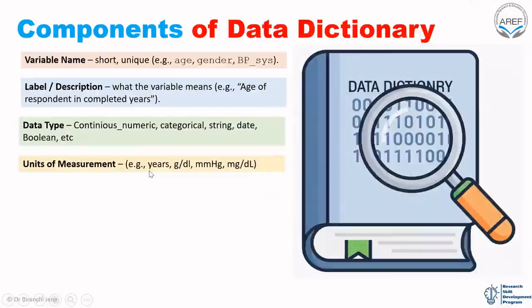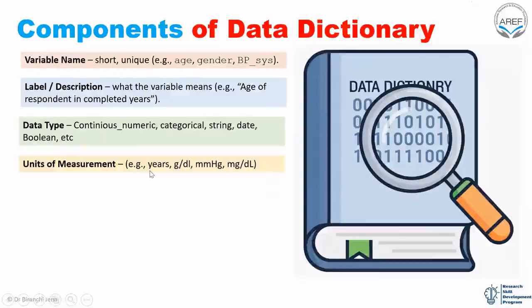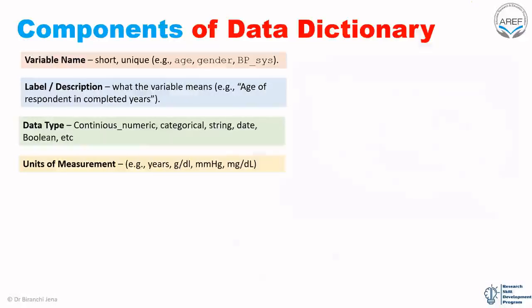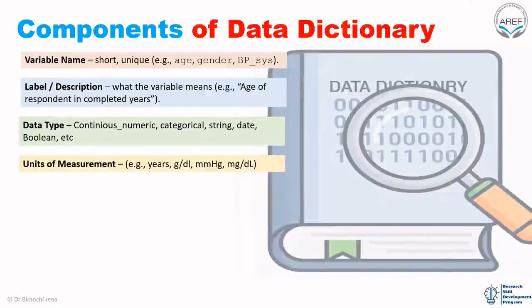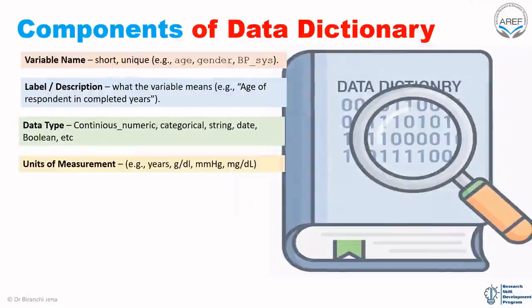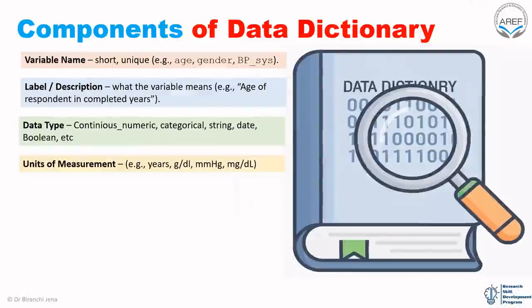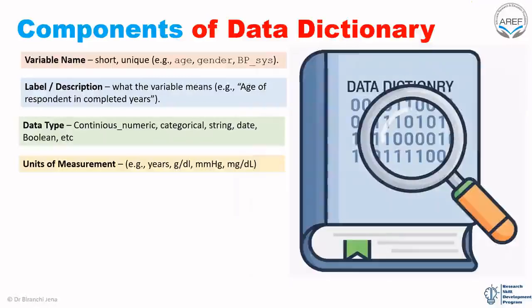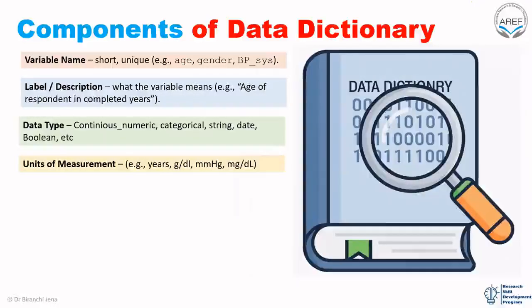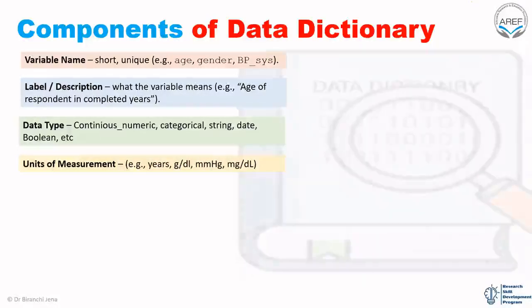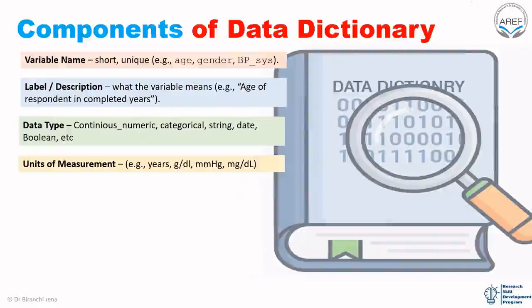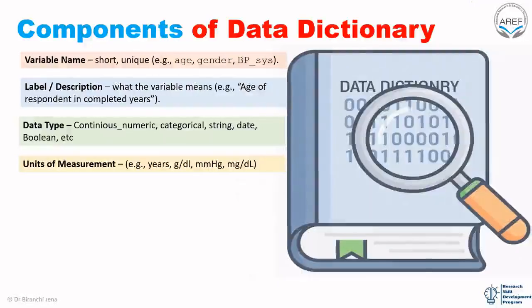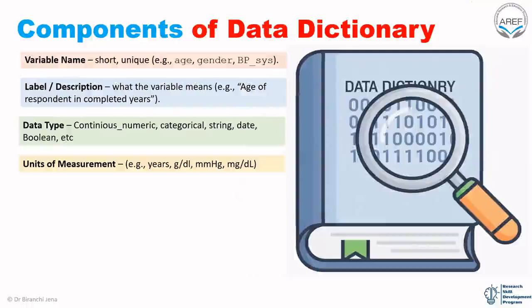Imagine if you are collecting age in years, and in your Excel form or in your database records or in SPSS, it's written 25 years, 26 years. No database in the world will help you to do the analysis if any text is written along with your data. It has to be in numeric only. So the units of measurement have to be recorded somewhere, but not in the database.